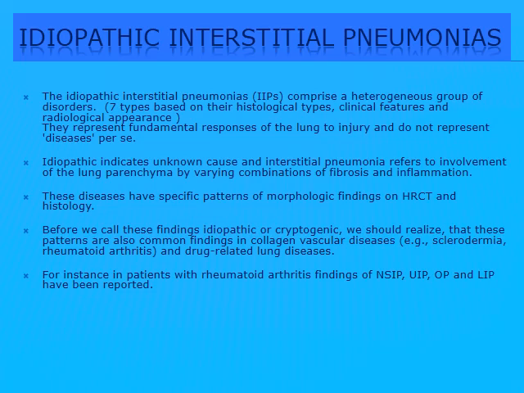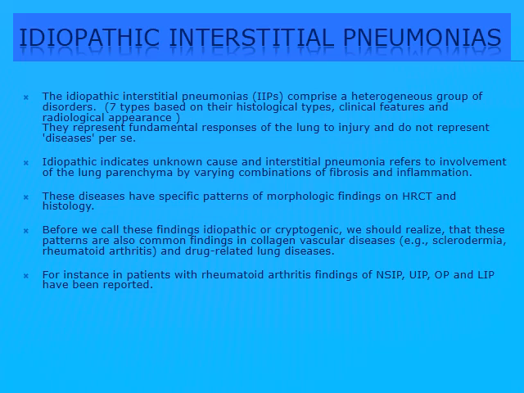As I've told you, when we say idiopathic, it means that we don't know what the cause is. These diseases have specific patterns of morphological findings on high-resolution CT and histology. Before we call these findings idiopathic or cryptogenic, we should realize that these patterns are common findings in collagen vascular disease, scleroderma, rheumatoid arthritis, and drug-induced lung disease.